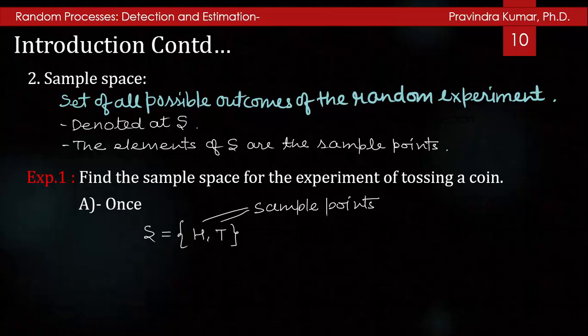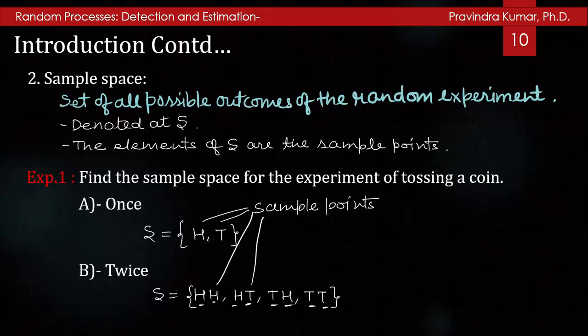This means the outcome of the random experiment corresponds to the sample points. And if I am tossing a coin two times, what will be the sample space in this case? The sample space will be head head, head tail, tail head, or tail tail. These are also the sample points here.